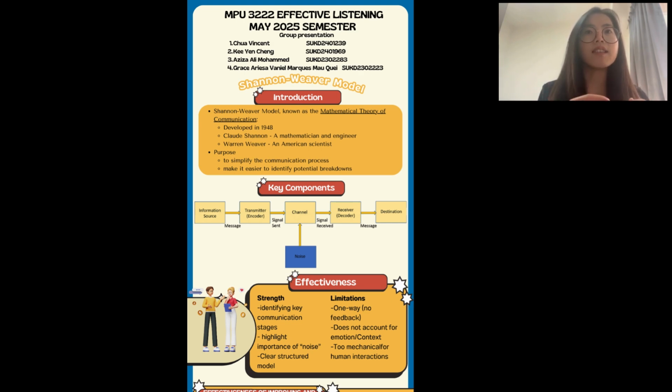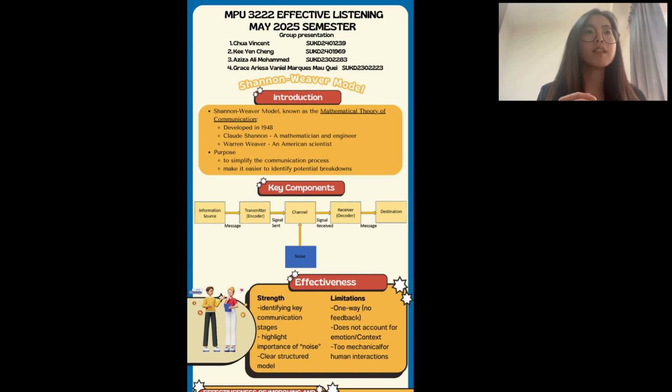And the last is quantifiable communication. Rooted in mathematics, the model allowed for measurable aspects of communication like noise level or information rate. So I am done with the key components.